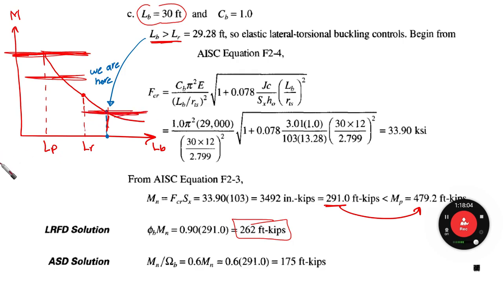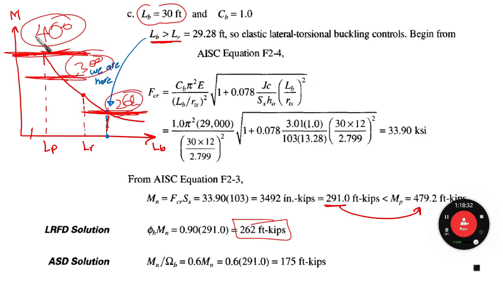This gives you an important understanding of the contribution of the unbraced length. If we have a small unbraced length, then our capacity was like 400 something, right? Here, it was 300 something. Here, we're talking about 200 something, 262 or something. Can you imagine?